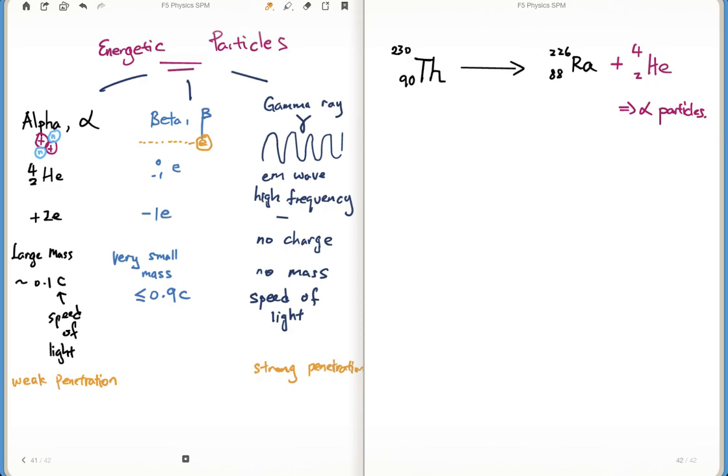Gamma is like a frequency. You can pass through walls, right? From house to house, you receive radio FM. It's like a frequency, so you have very strong penetration. Whereas alpha particle would have very weak penetration. Then for beta, it's always moderate.